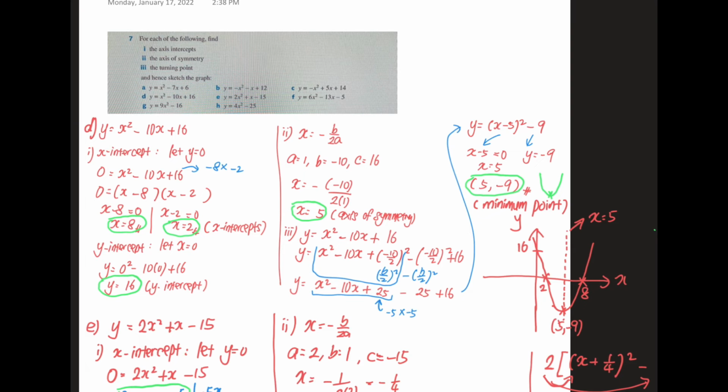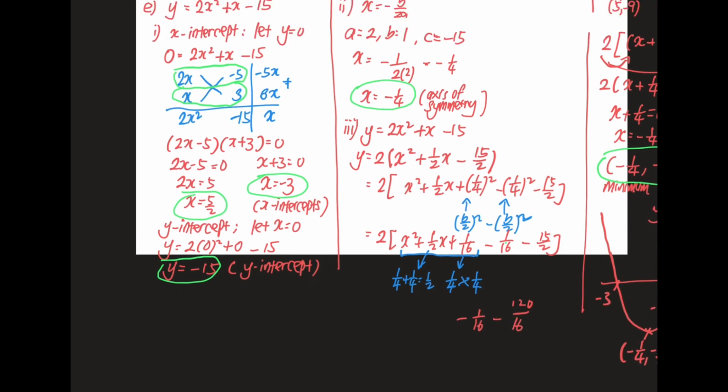Okay, now we continue with f then: 6x squared minus 13x minus 5.